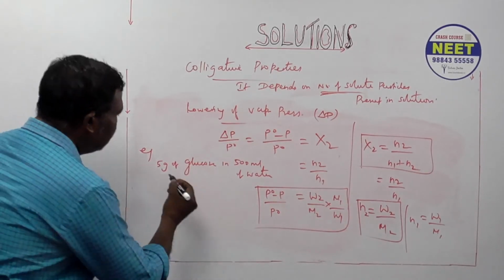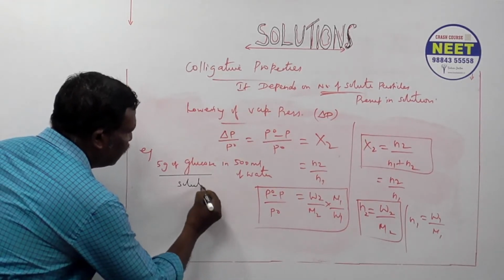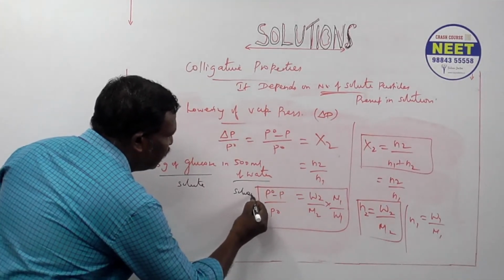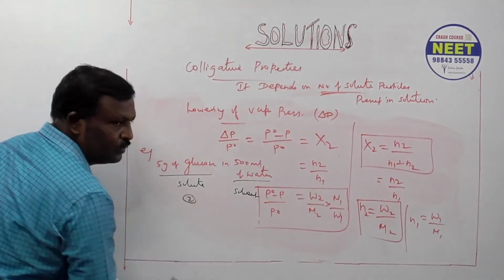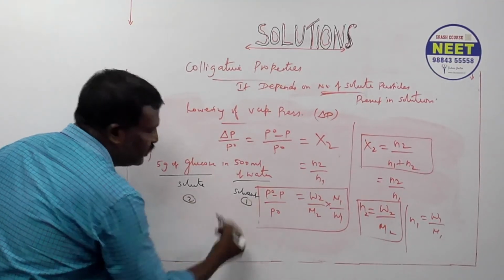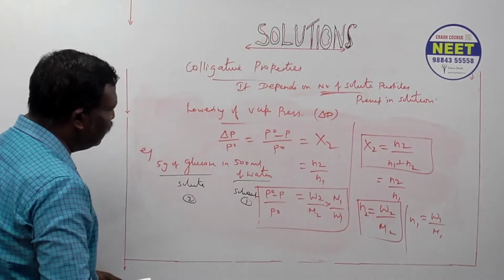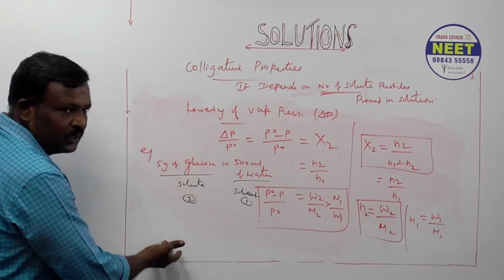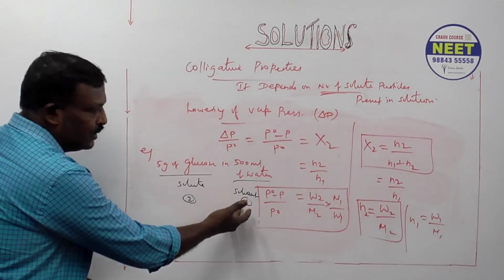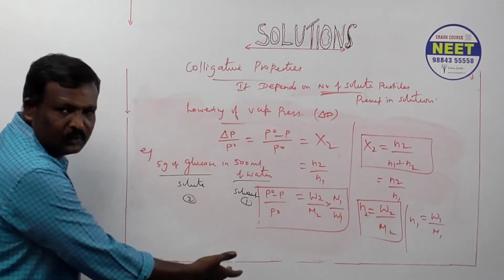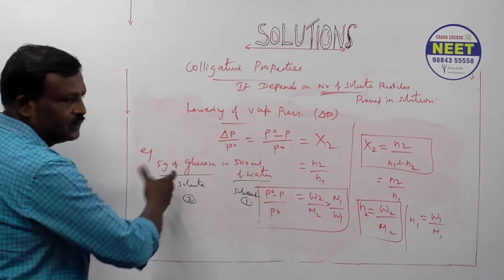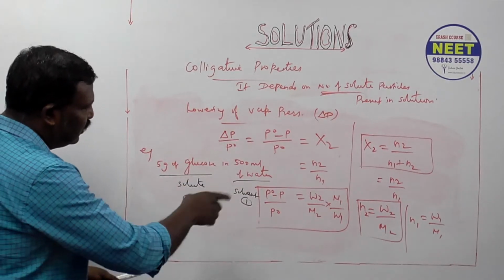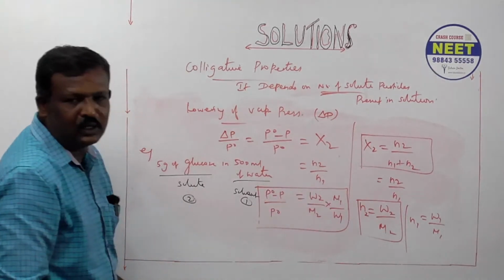Which is solute? Glucose is the solute, and water is the solvent. Solute I considered as 2, solvent is considered as 1. These are all W2, M2, and this is W1, M1. So the question will be like this. 5 gram of glucose in 500 ml of water, you must know what is W1. Then only you can substitute and get the answer.